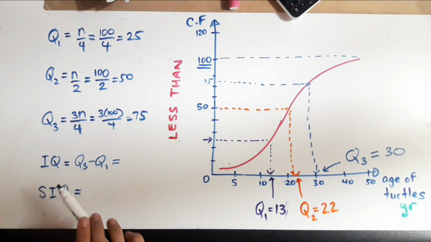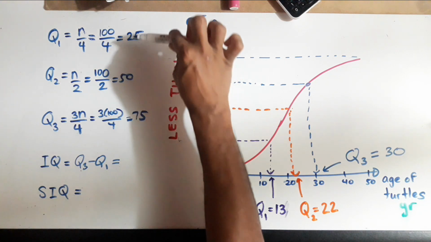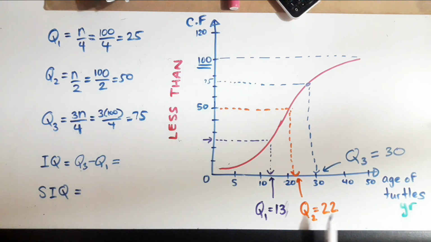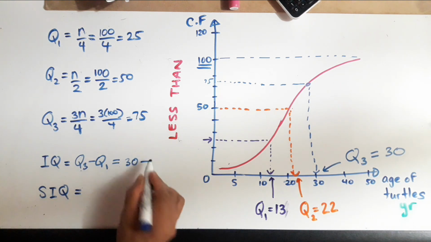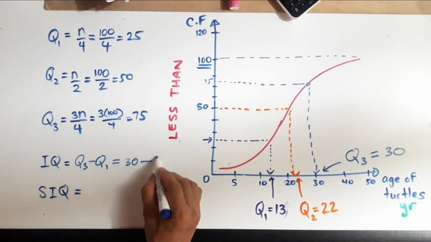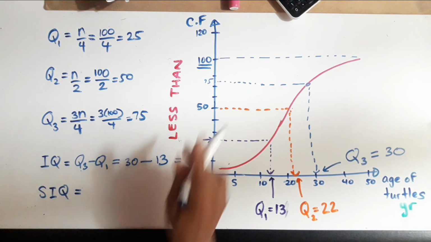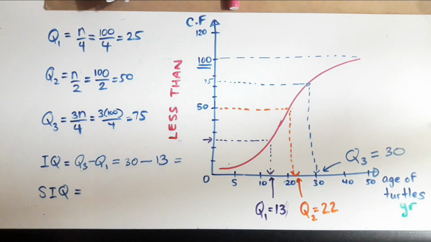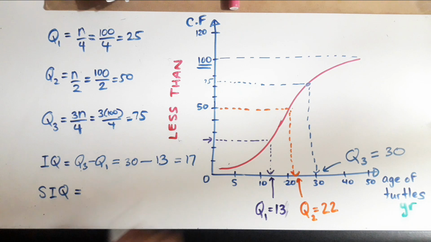What some of the students will do by mistake is take 75 and minus 25. That is wrong. Take the answer for Q3, the one it fell on, and minus the answer for Q1, which is 13. So if we minus 30 and 13, 30 minus 13 is 17. So your interquartile range is 17.